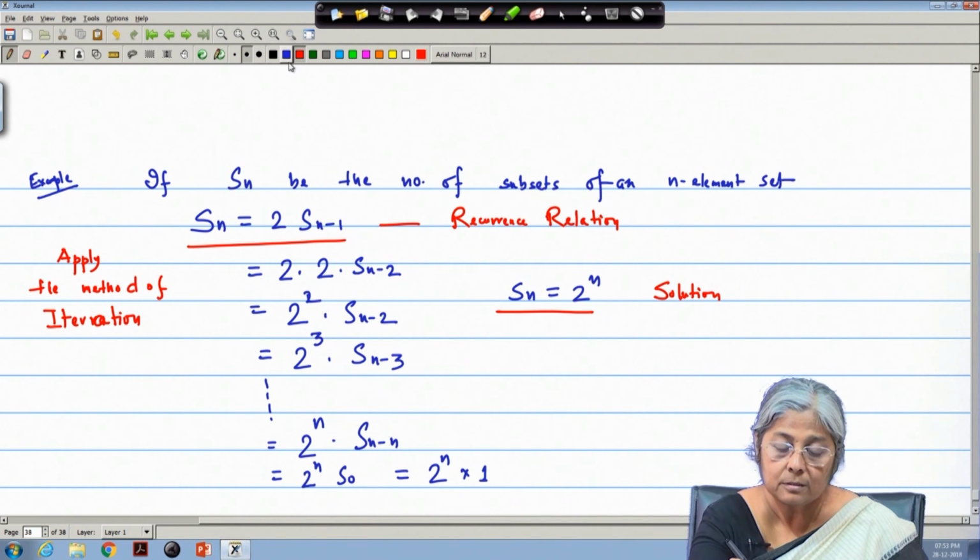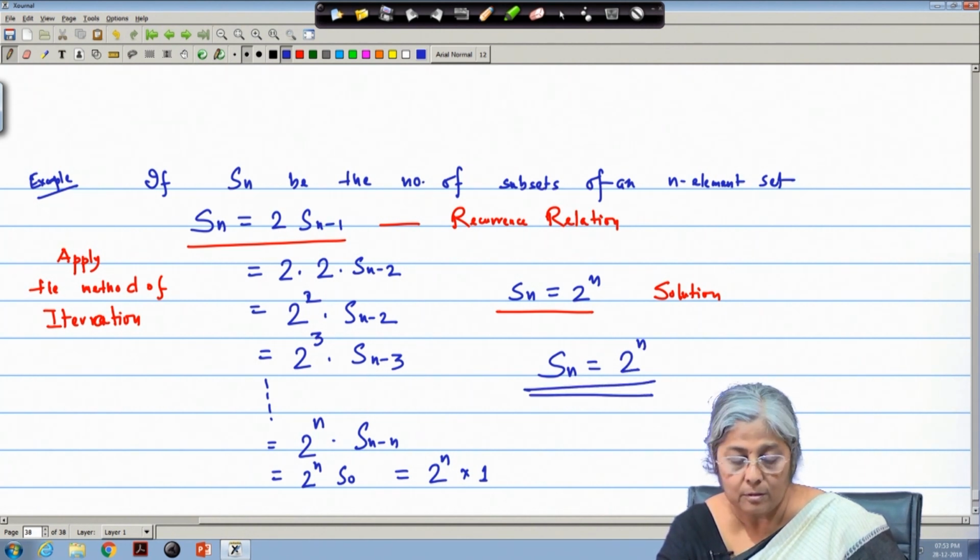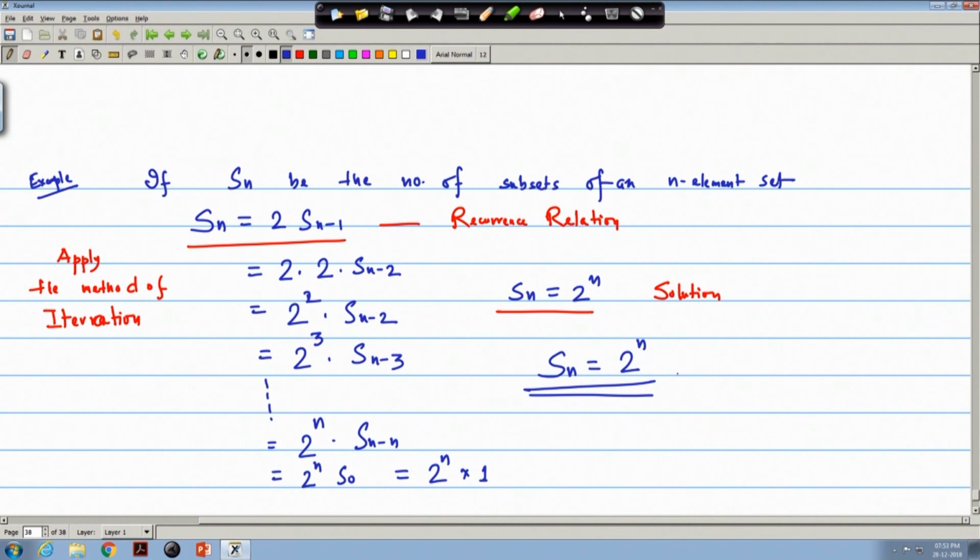Now, this S_n equal to 2 to the power n, this solution we get when my recurrence relation is S_n equal to 2 S_{n-1}. This is a very important thing, a very primitive solution that we will be using when we try to solve linear homogeneous equations.